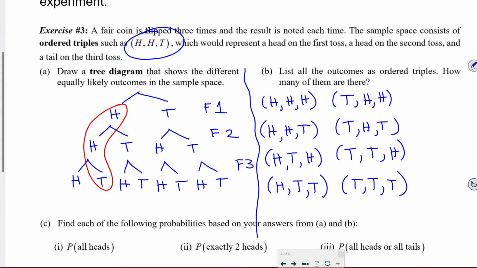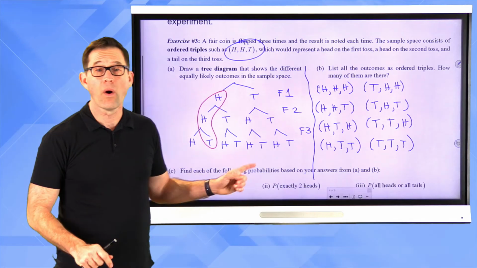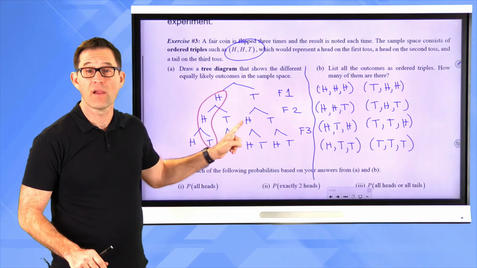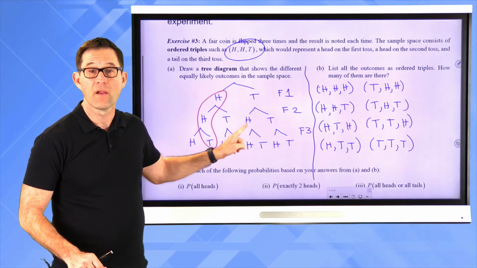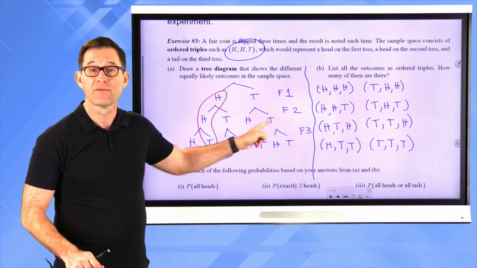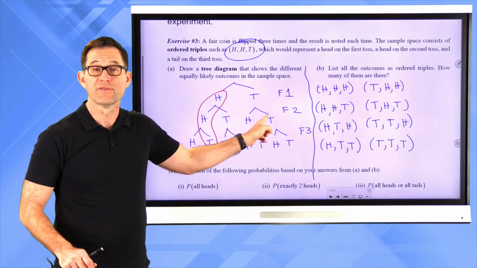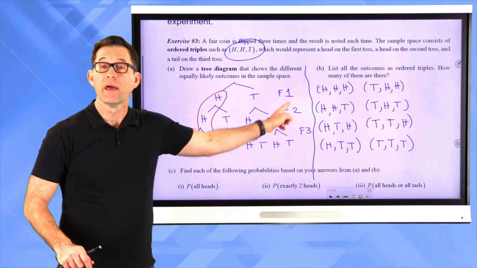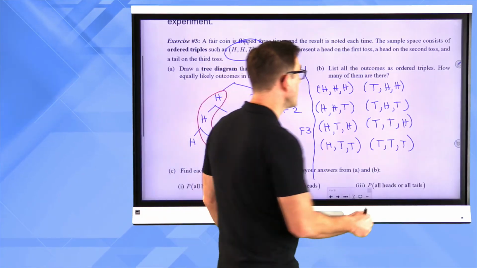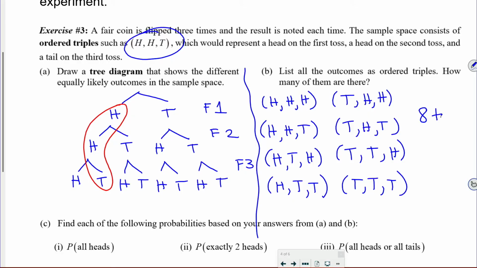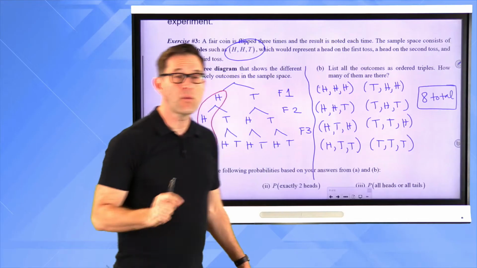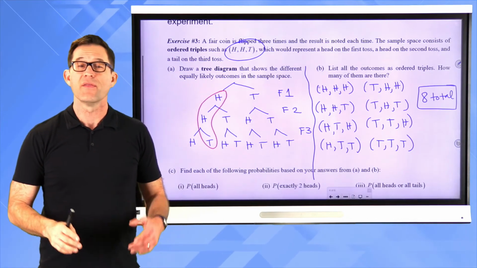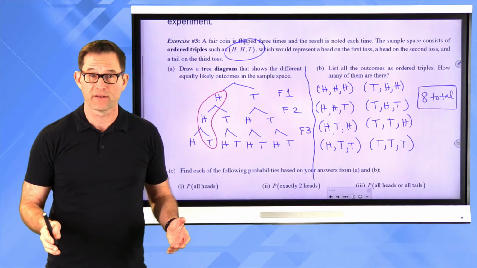Again, I literally just walked down the branches. It also asks how many there are. There are 8 total. So there are 8 total equally likely outcomes in this experiment.